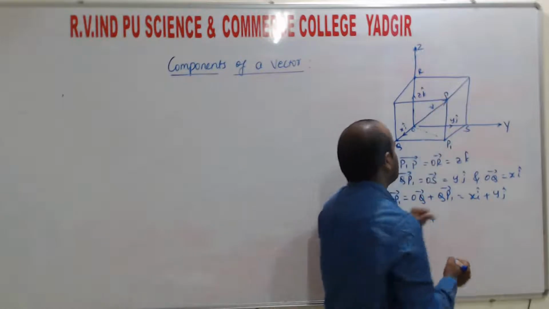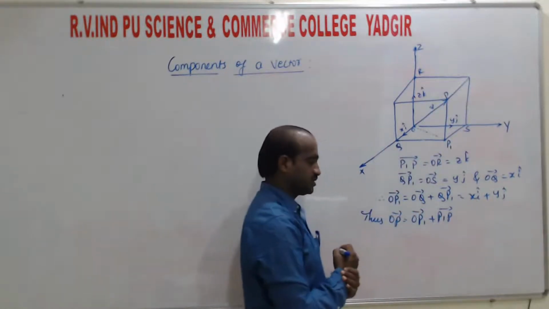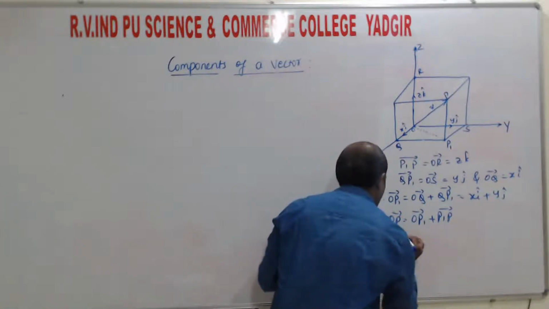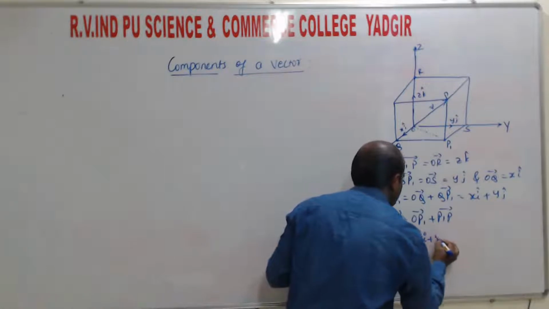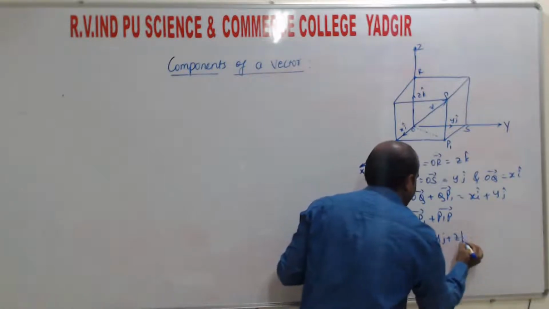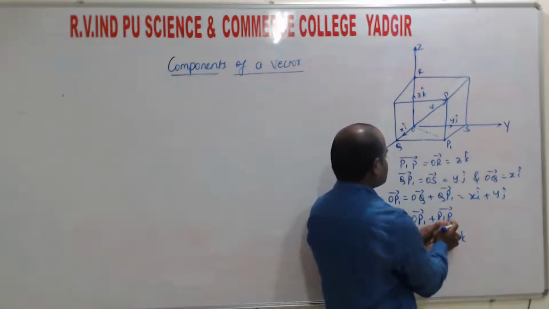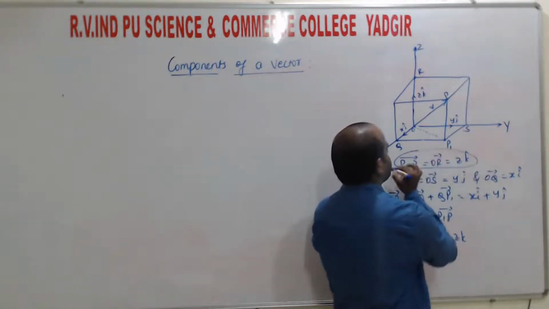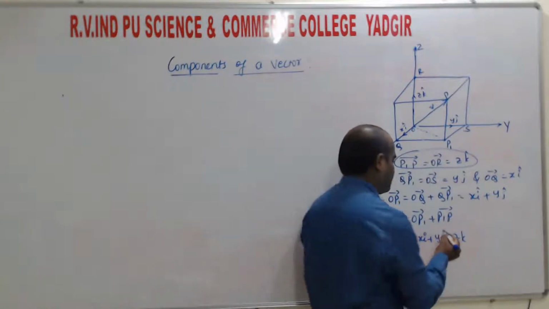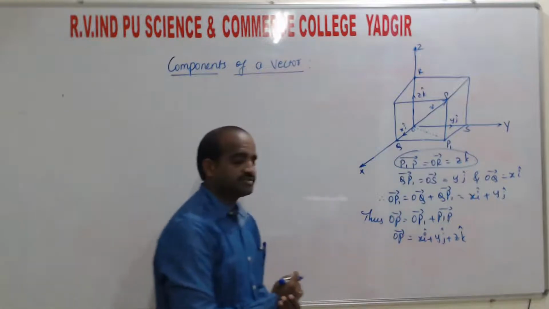And thus OP vector is equal to OP1 plus P1P vector, which is equal to x i plus y j plus z k cap. OP1 is x i plus y j, and P1P is z k cap. This form of the vector is what?